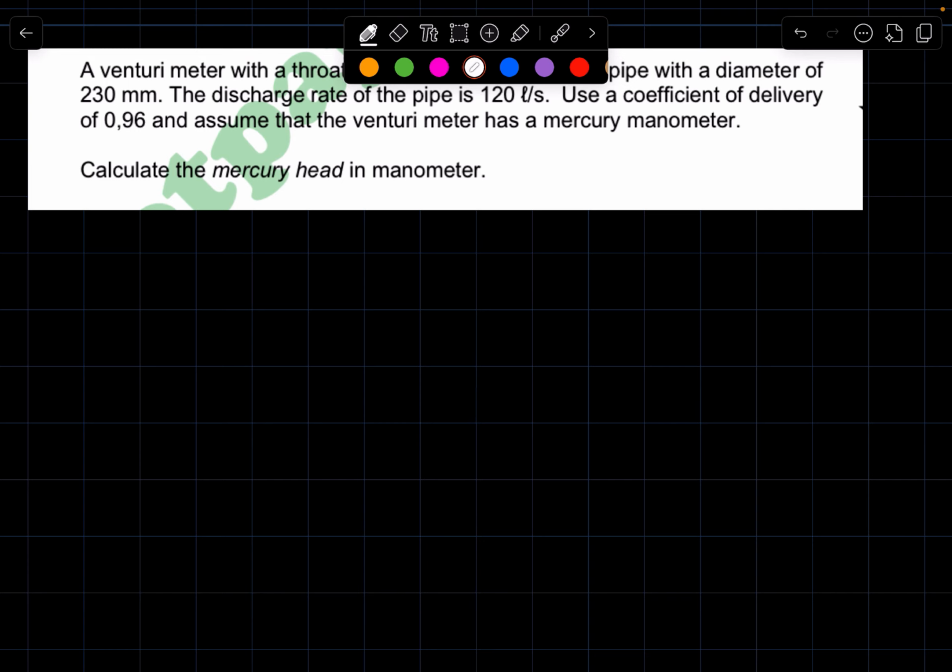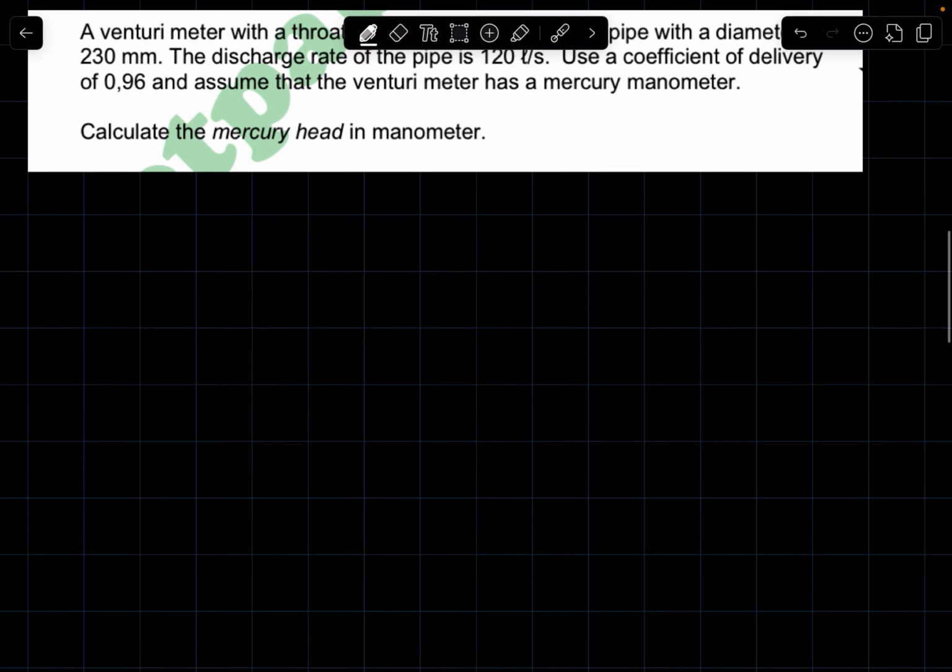One thing we have established here is that we typically have two heads. That's the pressure head difference, which is HW, and then we also have the mercury head, which is HG. Now here they said calculate the mercury head, so it means this is what they're looking for. They're looking for HG. So let's write down what we've been given.